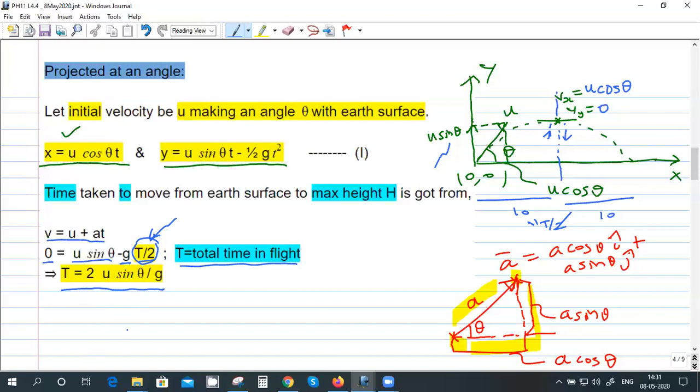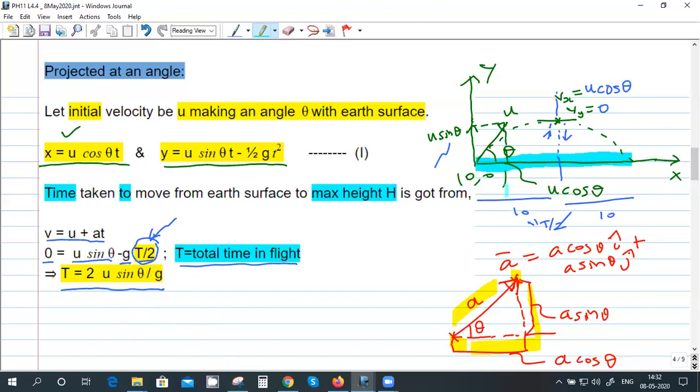What is capital T? It is the total time taken to go from here to here. That depends on the vertical component of the velocity: 2 u sin theta divided by g.